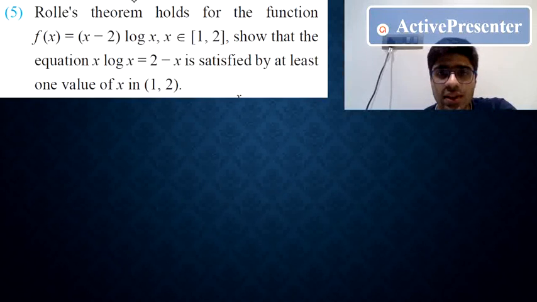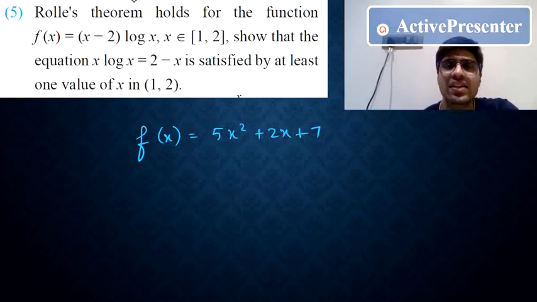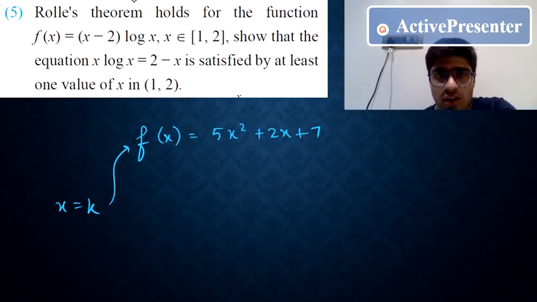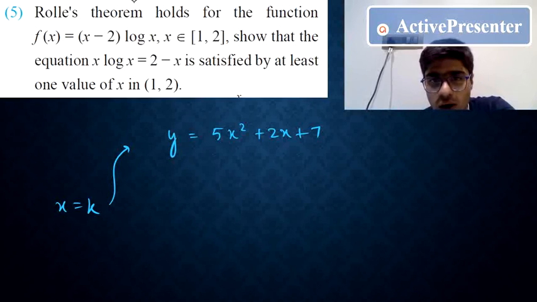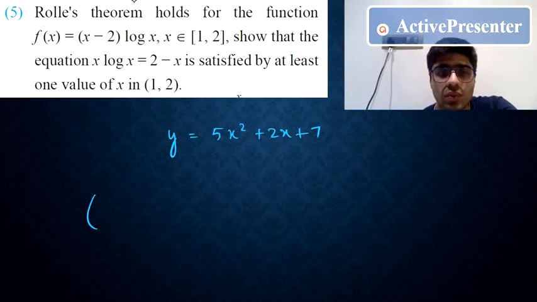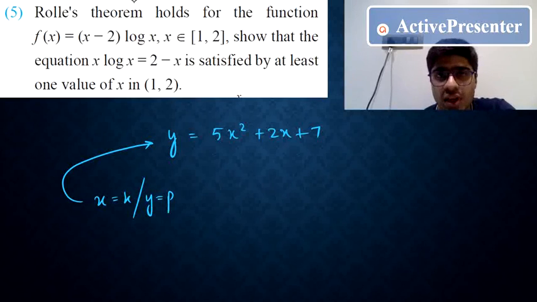Now see, if I give you an equation y equal to 5x square plus 2x plus 7, and I tell you that x equal to k and y equal to p satisfies the given equation.